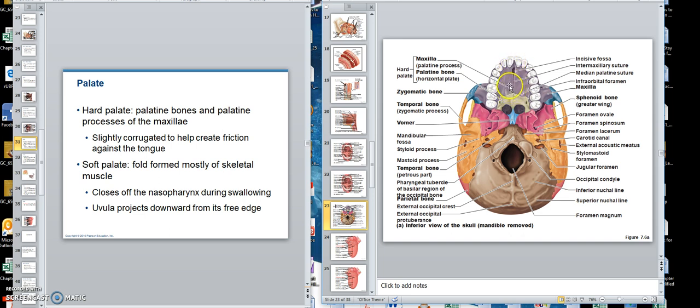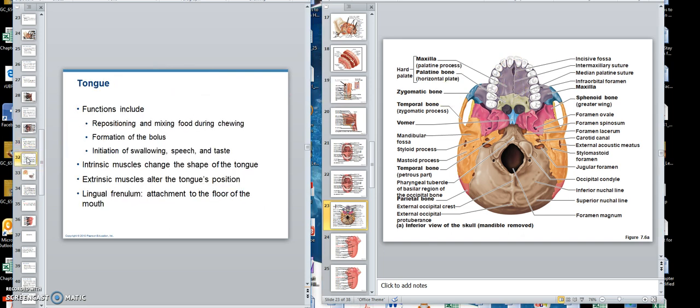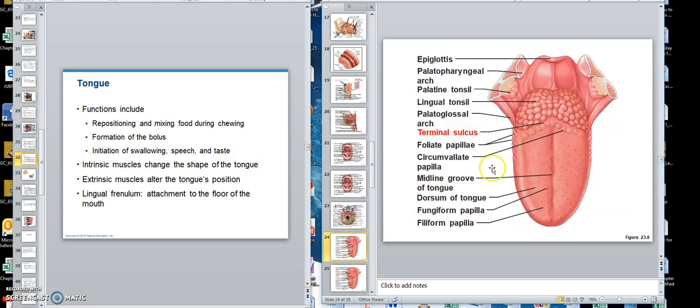All right, let's go a little further. The tongue. Okay, so now we come into the tongue. Let's look at the tongue there. It functions in repositioning and mixing food during chewing. That's pretty straightforward. Formation of the bolus.